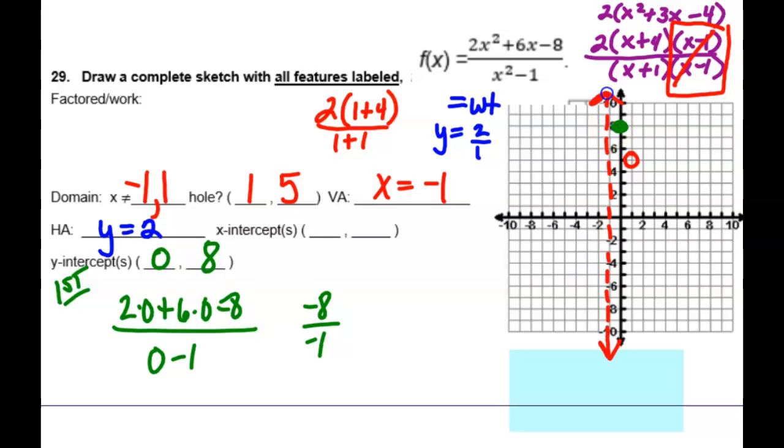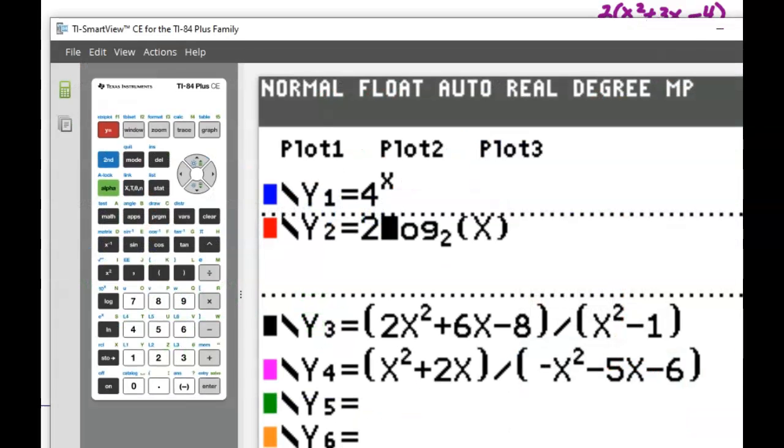It says we're supposed to label them, but all right, y equals 2 was the horizontal asymptote. All right, x-intercept, what still makes the top 0, guys? -4, right? So over here is an x-intercept, -4.